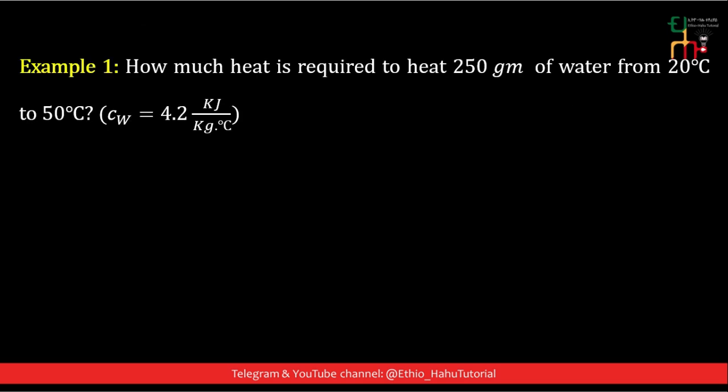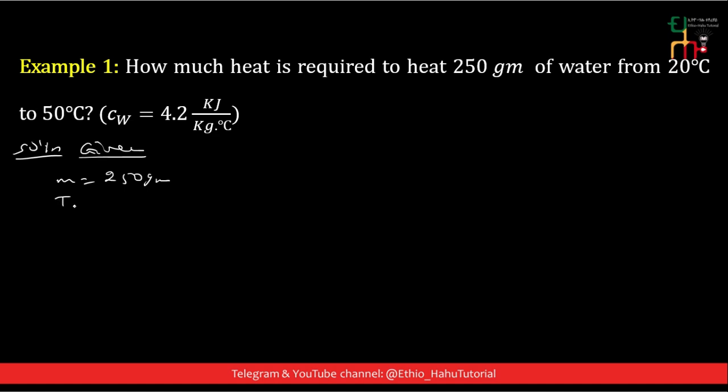The first example says: how much heat is required to heat 250 grams of water from 20 degrees Celsius to 50 degrees Celsius? The specific heat capacity of water is 4.2 kilojoule per kilogram per degree Celsius or Kelvin. To do this, mass is given: 250 grams.